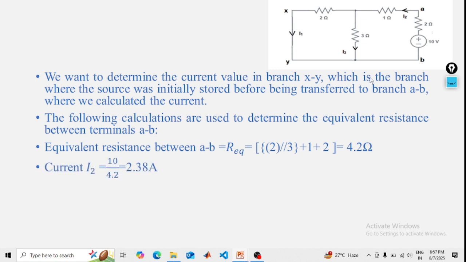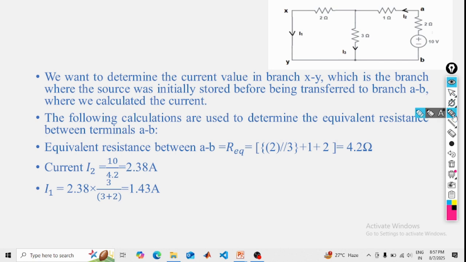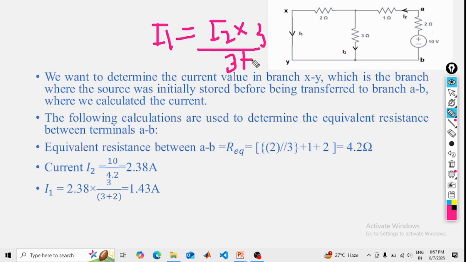Then current I2: total voltage is 10 volt and R equivalent is 4.2, so it is 2.38 ampere. For calculating I1, what will be the formula? Same current division rule. I1 equals total current I2 times the opposite resistance 3 divided by total resistance 3 plus 2.